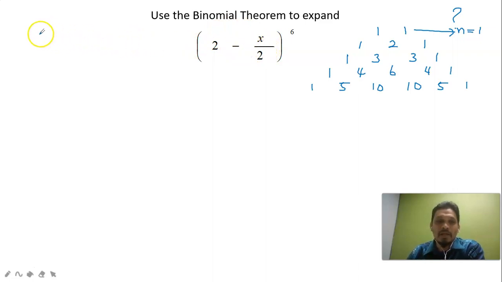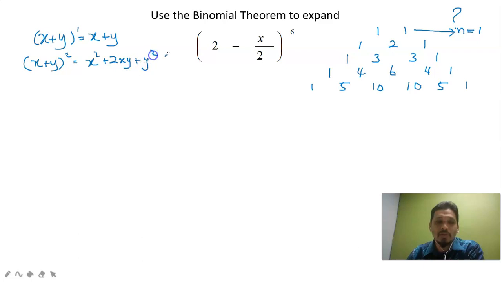Just imagine that if I have, for example, x plus y to the power of 1, that is equal to x plus y. If I have x plus y squared, then it comes out with x squared plus 2xy plus y squared.